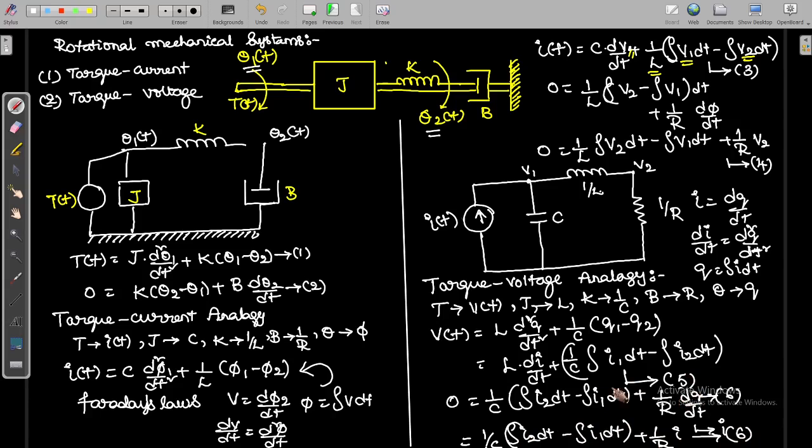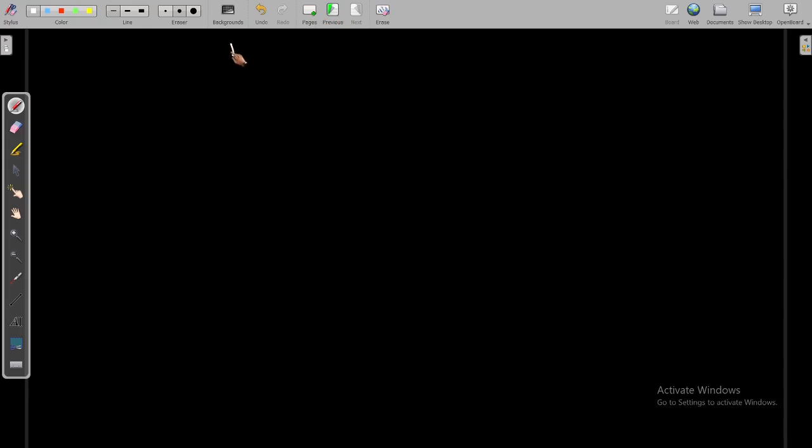For equations 5 and 6 we will draw the torque voltage analogous system. So let us draw it. Let us write the first equation.